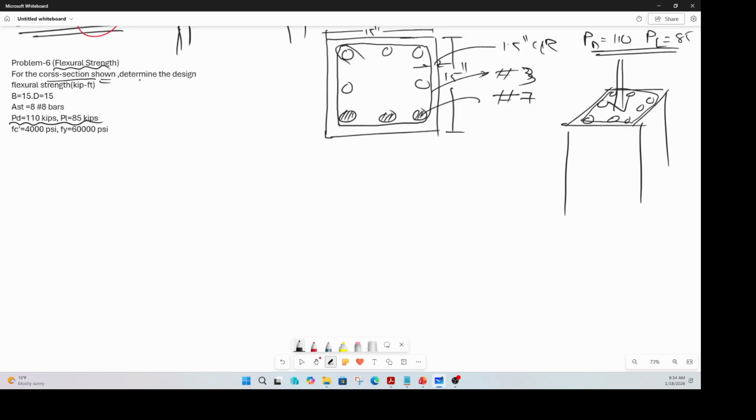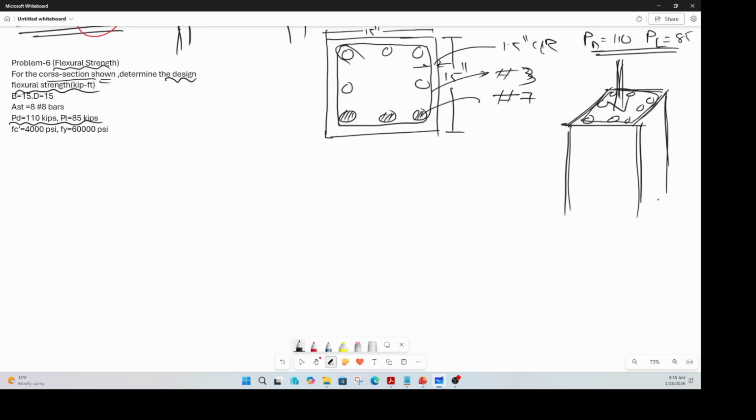We are asked to calculate the design flexural strength, not axial strength or anything. It's an interesting problem because you're given the axial load and you're being asked the maximum moment to which you can subject this column without it undergoing failure.